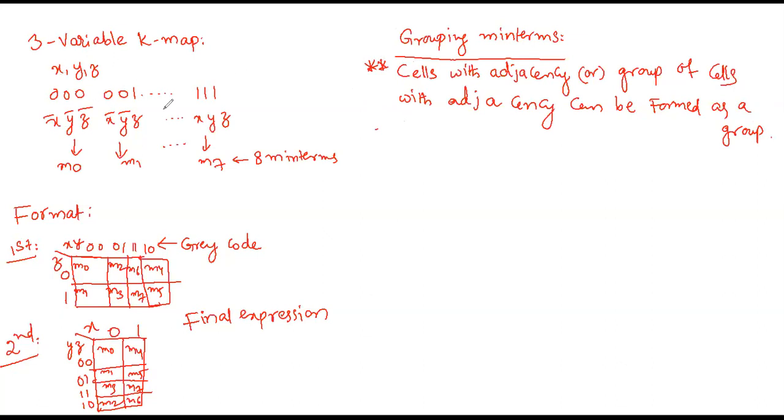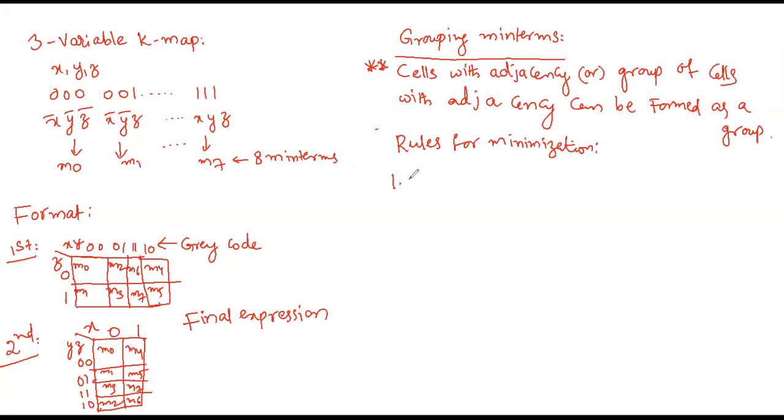Rules for minimization. The first rule is, while forming the group, you should not leave any minterm in the K-map.